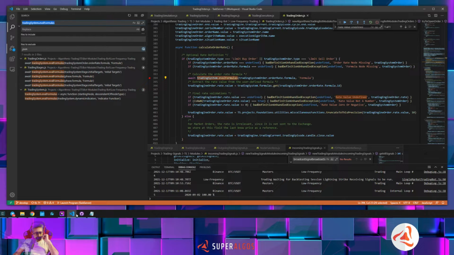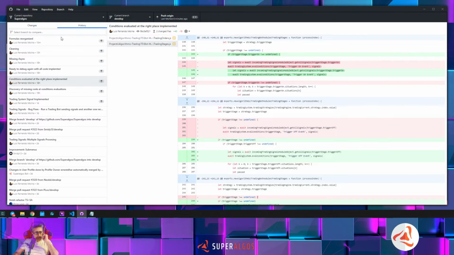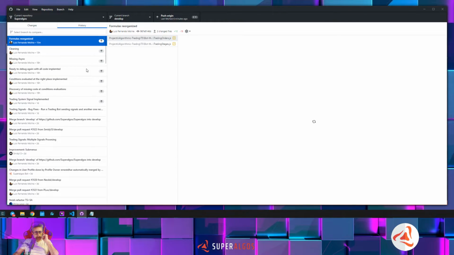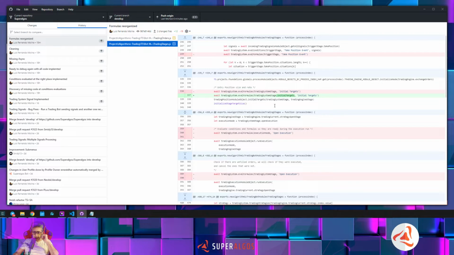Maybe the places where I delete them, eval formulas.